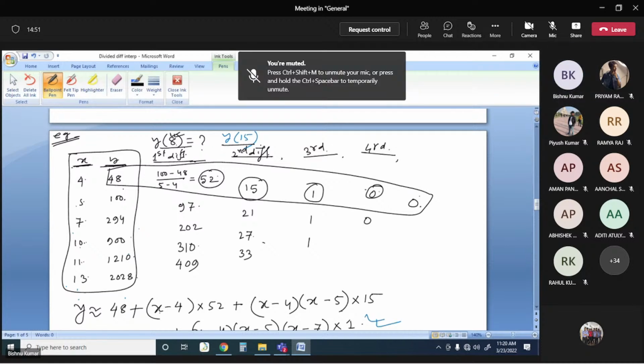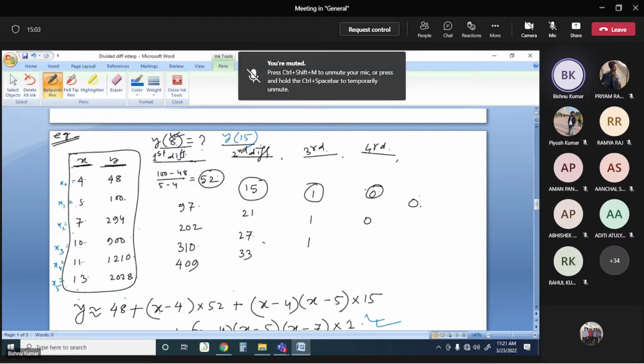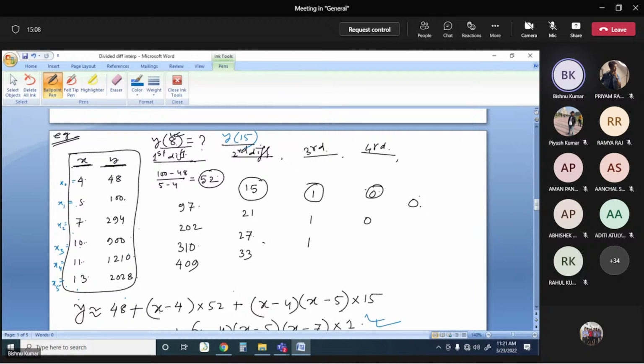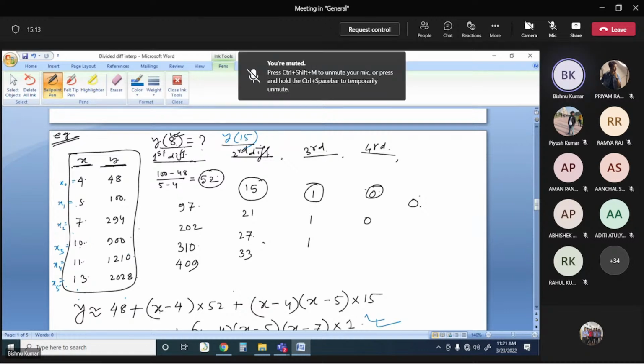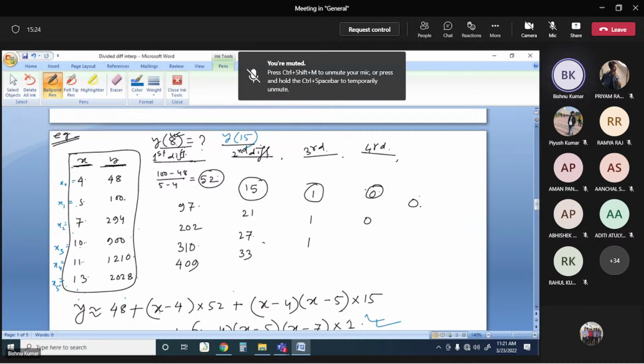Construct it. For this example, subtract 48 from 100 and divide by 5 minus 4. This is 52, isn't it? Is it clear?